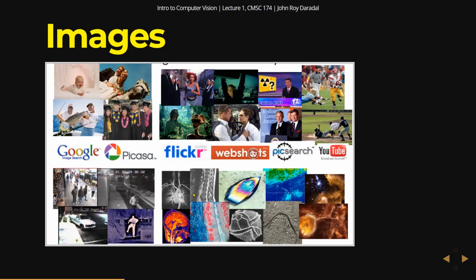Then you have medical images like X-rays and CT scans, and scientific images like microscopes. You also have satellite images and space images. So there's a lot of sources and types of images that we could encounter.